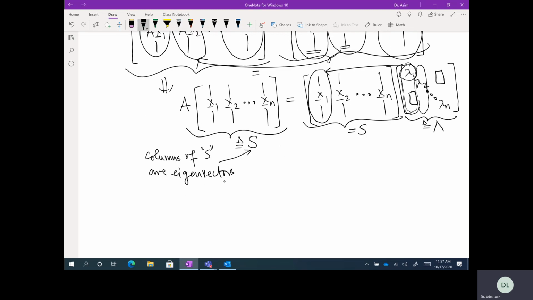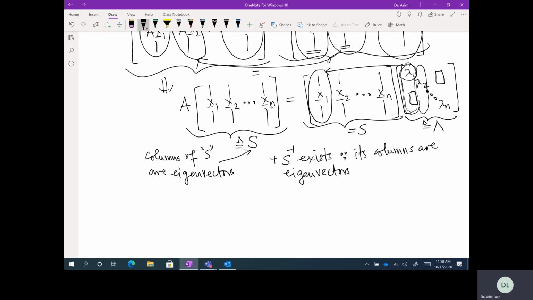So columns of S are eigenvectors, and you know from chapter 3 and actually chapter 2, if the columns are independent, I can always take the inverse of this matrix. So S inverse exists because its columns are eigenvectors. How we calculate S inverse is a different story.